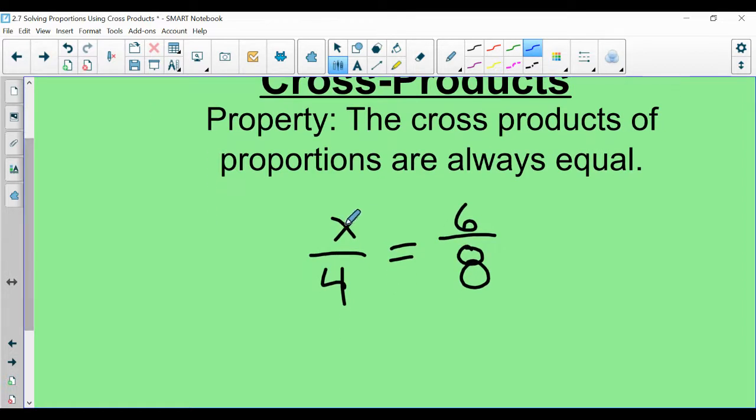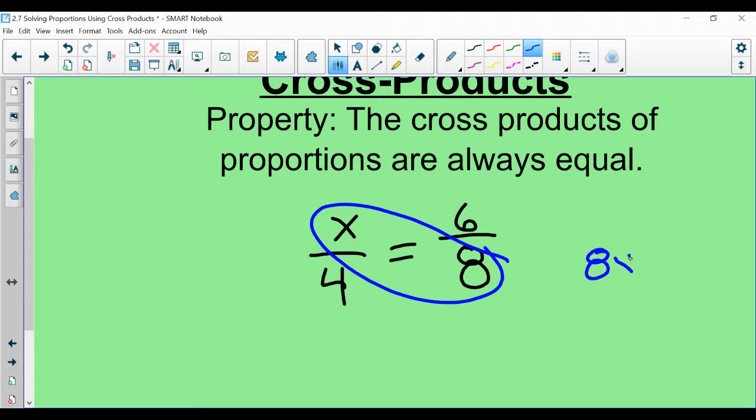In this example, we know what the answer is, 3, because we just saw this on the last slide, right? We know 3/4 is equal to 6/8. But how I'm actually going to use this to find x is I know that this multiplied by each other, 8 times x is 8x, needs to equal what this is times each other, 6 times 4, and that's 24.